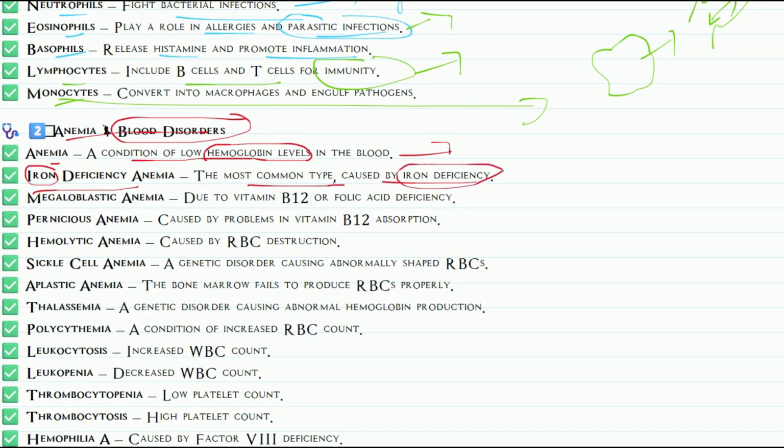Mainly in India or all over the world, during pregnancy, or mainly in females, this is a common reason. Anemia is due to iron deficiency, right? Because of so many menstrual cycles or other nutrition deficiency, these play a role in increasing iron deficiency anemia.